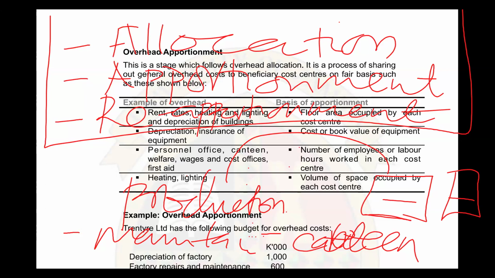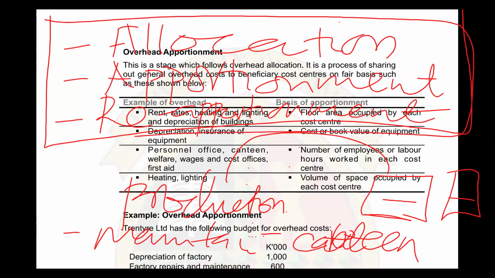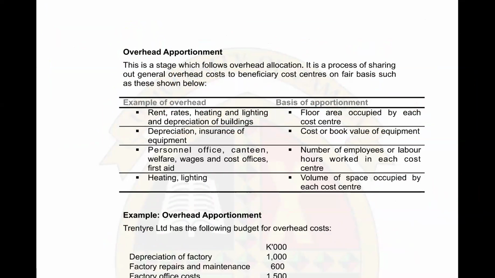But if it's not a cleaning company, then the cleaning department is not really production. So these are the three. This is the first part of your assignment. These are the solutions that you answer: cost allocation, cost apportionment, and cost reapportionment. You just explain these, then you should be able to get those marks that are allocated there.